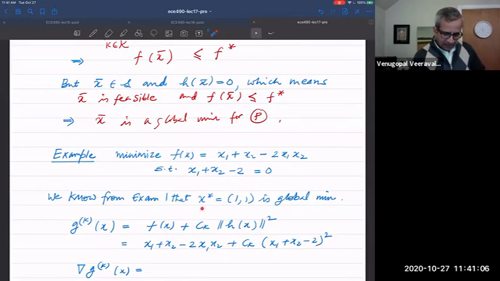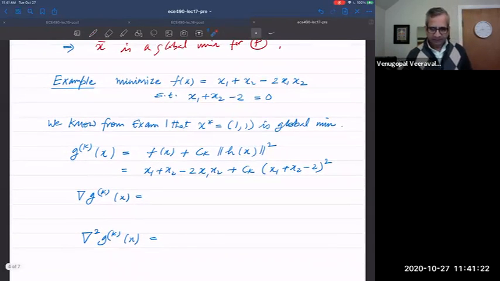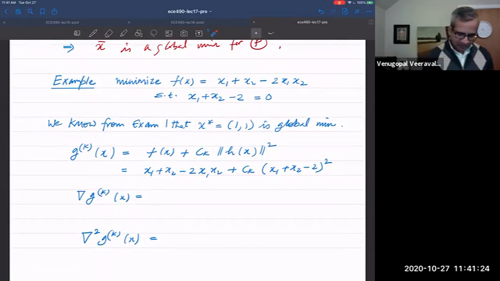And you know from your exam, you may not remember this, but you can go back and look at it, that we showed that (1,1) is a global minimum for this optimization problem. So now let's actually solve this using the penalty method, which will result in an unconstrained optimization problem.